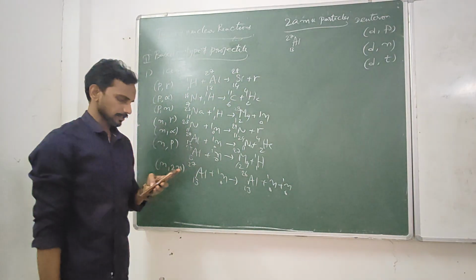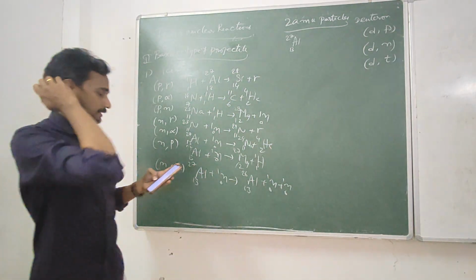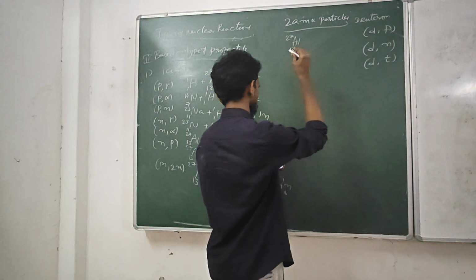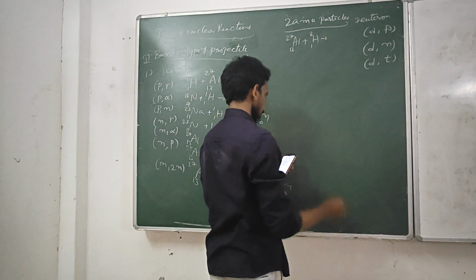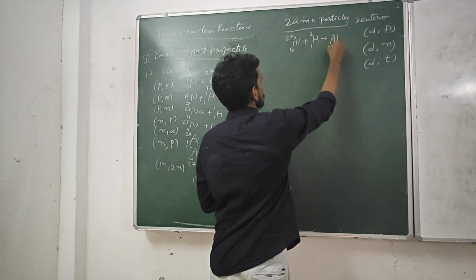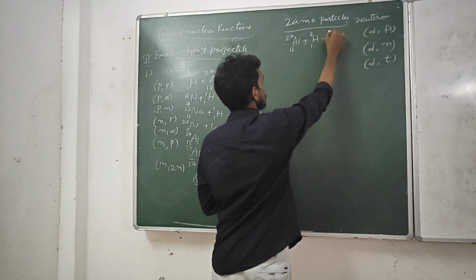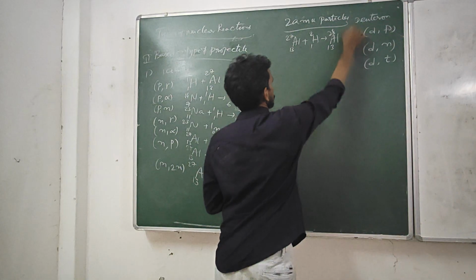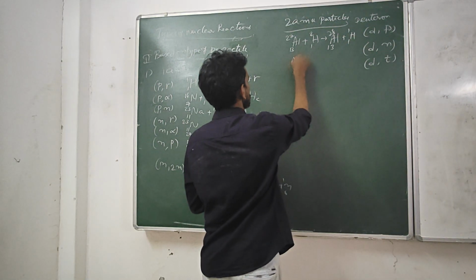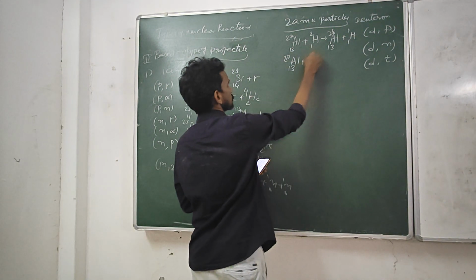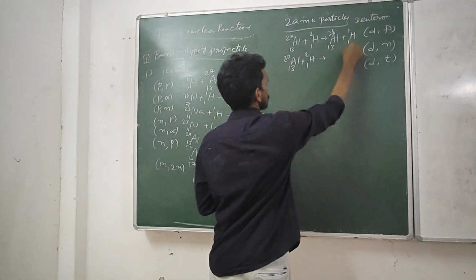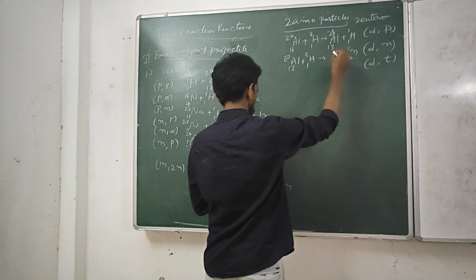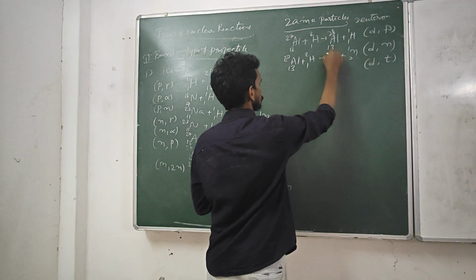They are the possible reactions. Target is the same. So Al1327 plus H12 gives Al1328 plus H11. Al1327 plus H12, neutron means N01, so it is silicon 1428.